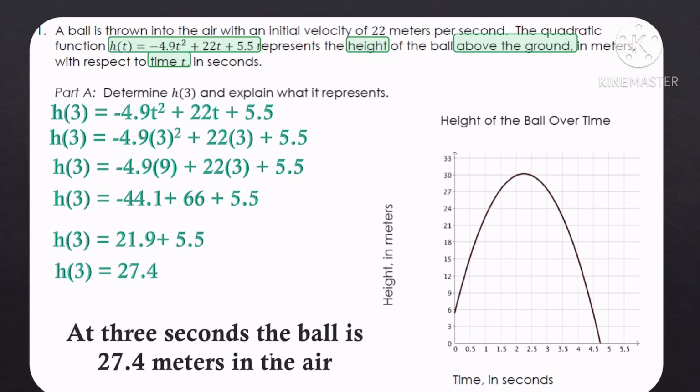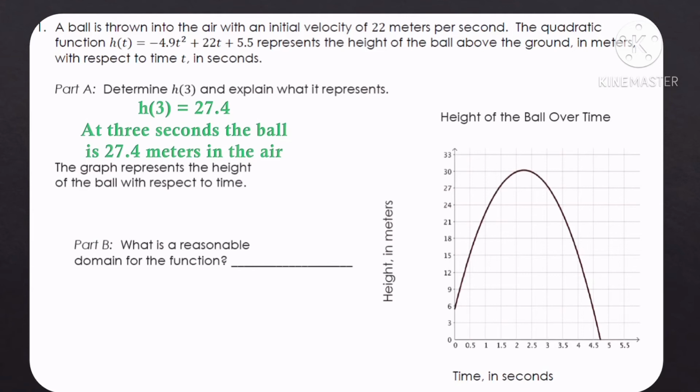So that tells us that at 3 seconds, the ball is 27.4 meters in the air. Does that make sense? Look, 3 seconds. That's our time. Our time is our x values. If I go straight up, there is my height, and it's about 27.4. So that's showing you how if we can plug something in, we can get its result.